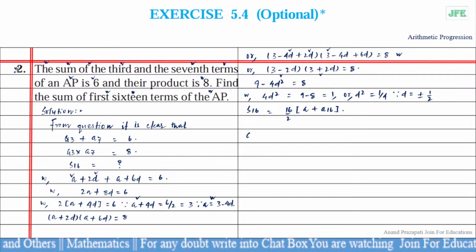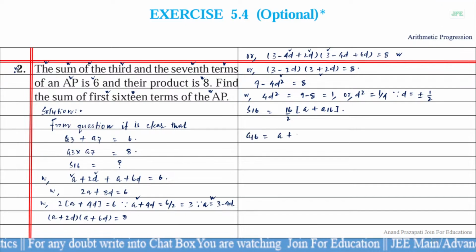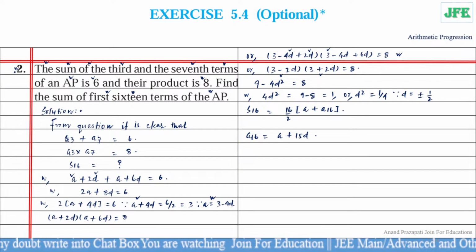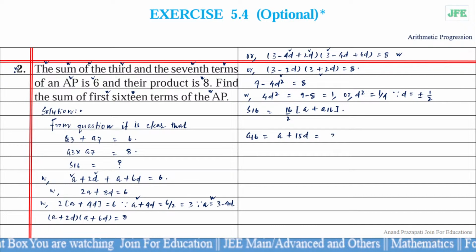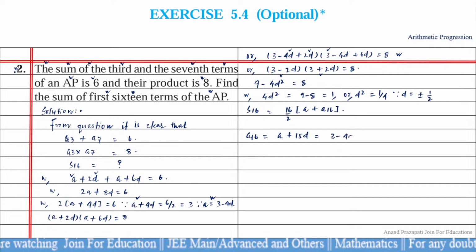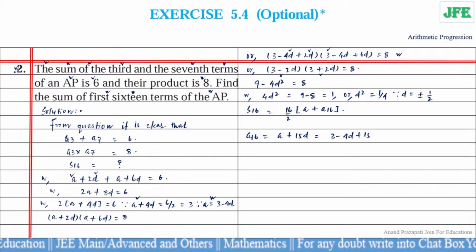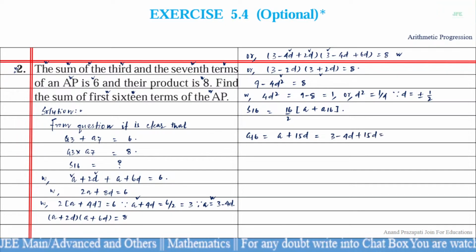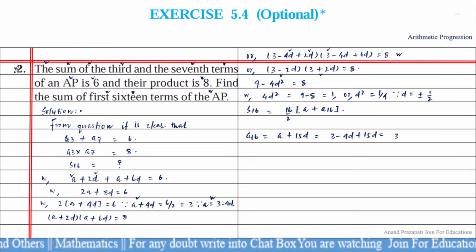We find a16 equal to a plus 15d. So a16 equal to 3 minus 4d plus 15d, we get 3 plus 11d.